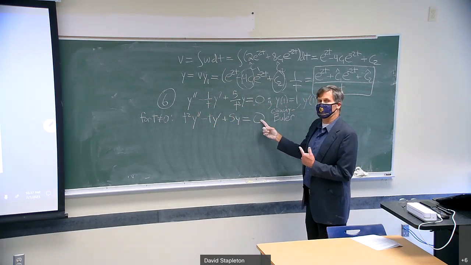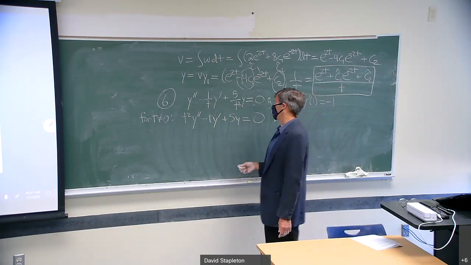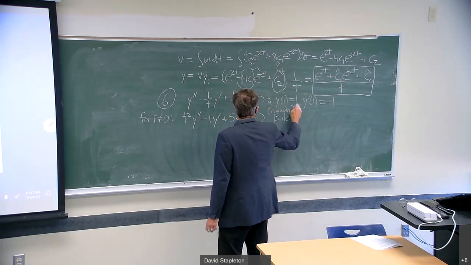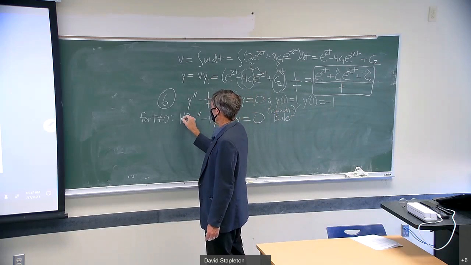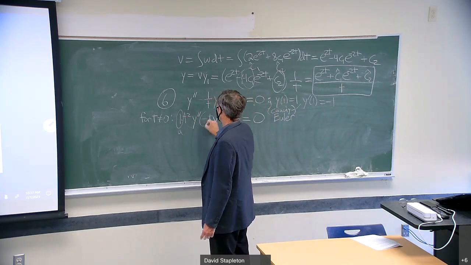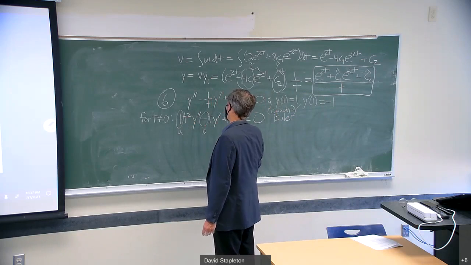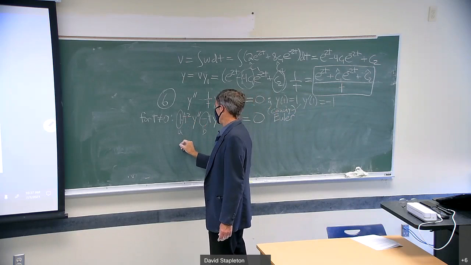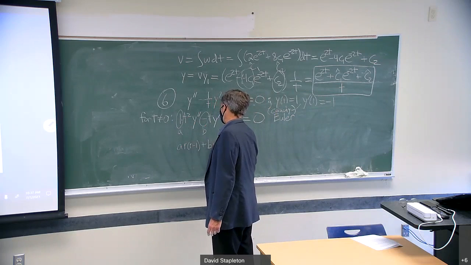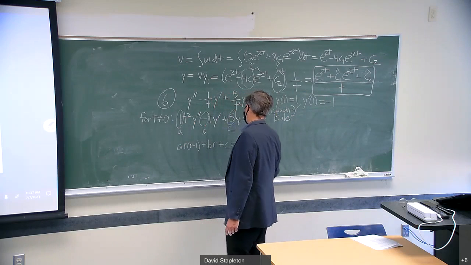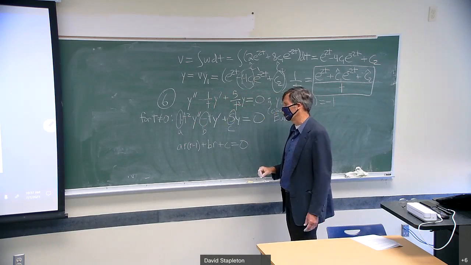The way we solve these is there's a characteristic equation for an Euler equation, right? Here's A, here B is minus 1, and here C is 5. You write A times r times r minus 1 plus B times r plus C equals 0 as the characteristic equation for an Euler equation.